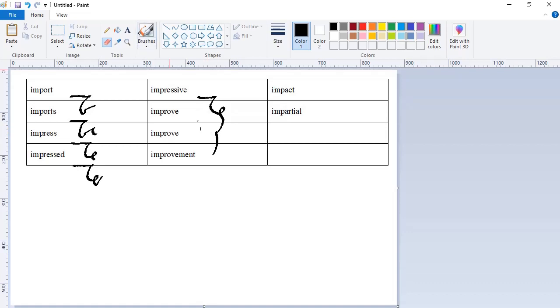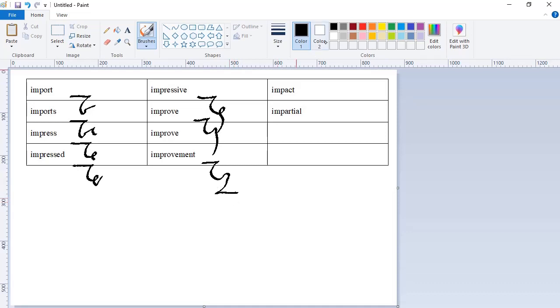Okay. Ano ba yan? So, we have improve. M-P-R-O. Ganun pala siya. Okay? So, that's improve. And then, we have improvement. M-P-R-O-V, ment.